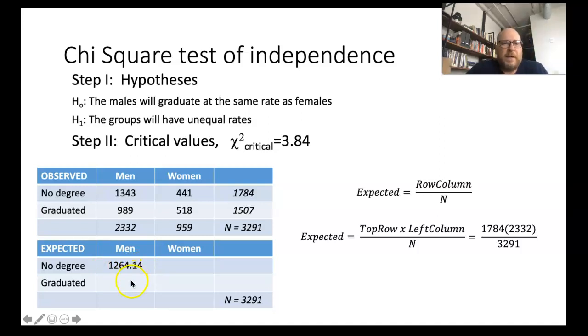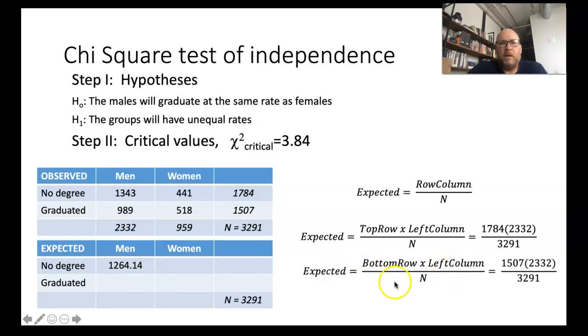All right, now I'm going to move down to this row. This is the expected value for the bottom row left column. The bottom row has an N of 1507. Left column is 2332. And it has an N of 3291. So the expected value there is 1,067.86. Okay.